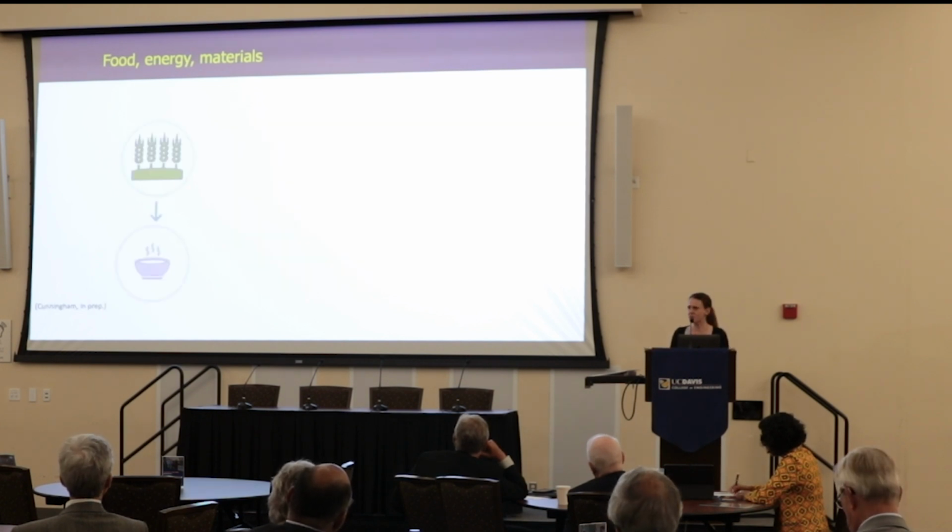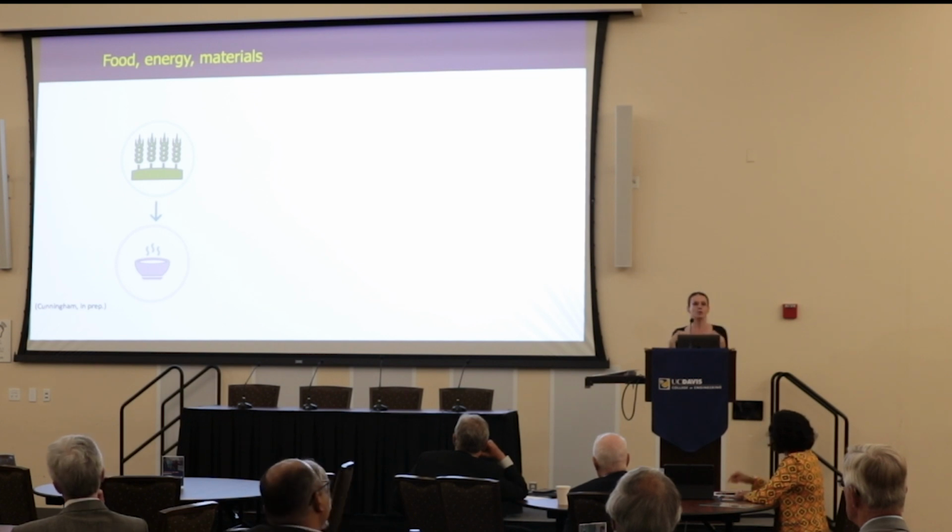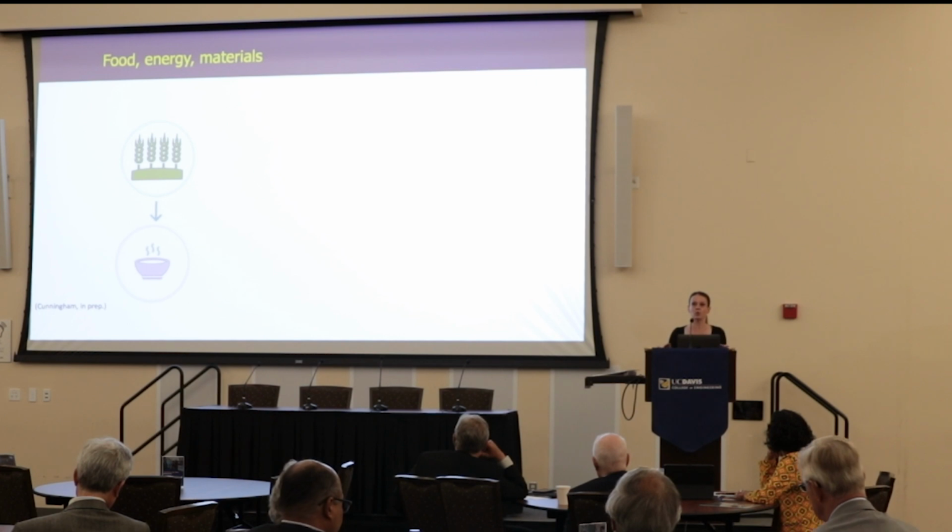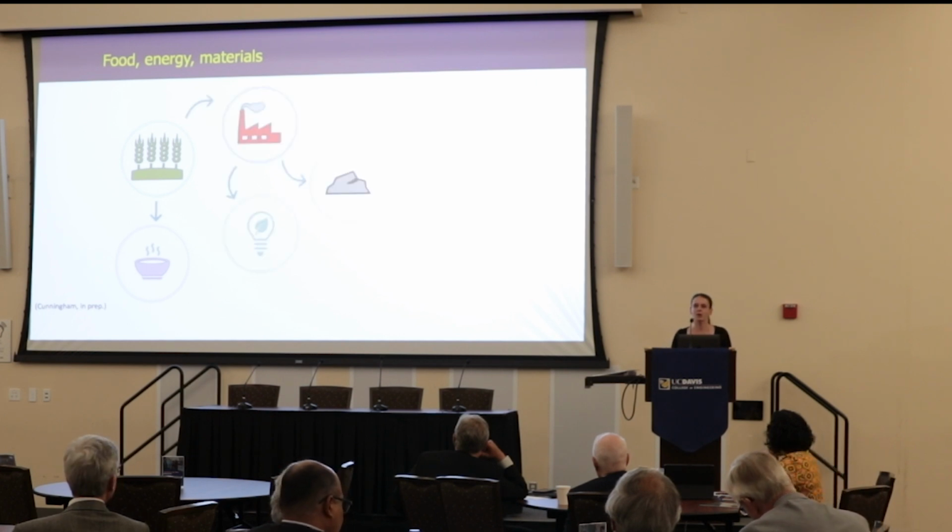But of course, we need food, and we're big fans of energy, as you heard from our last two talks. So let's think about this from our energy generation and our food production standpoint. If we're going to keep producing food, then we're going to have a certain amount of residues that aren't necessarily used directly in that food product. Can those support our production of energy resources?